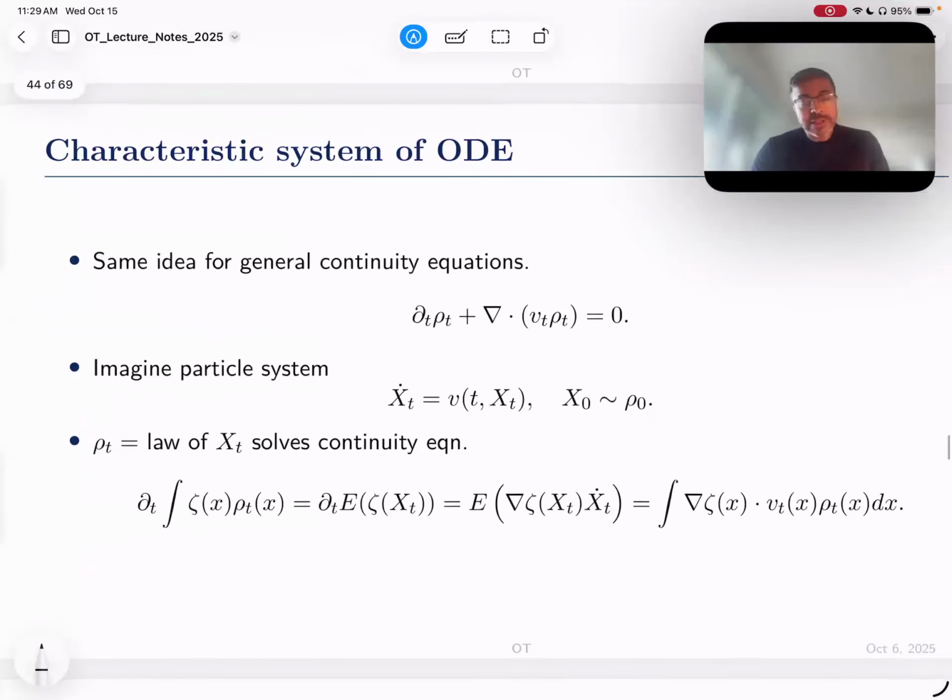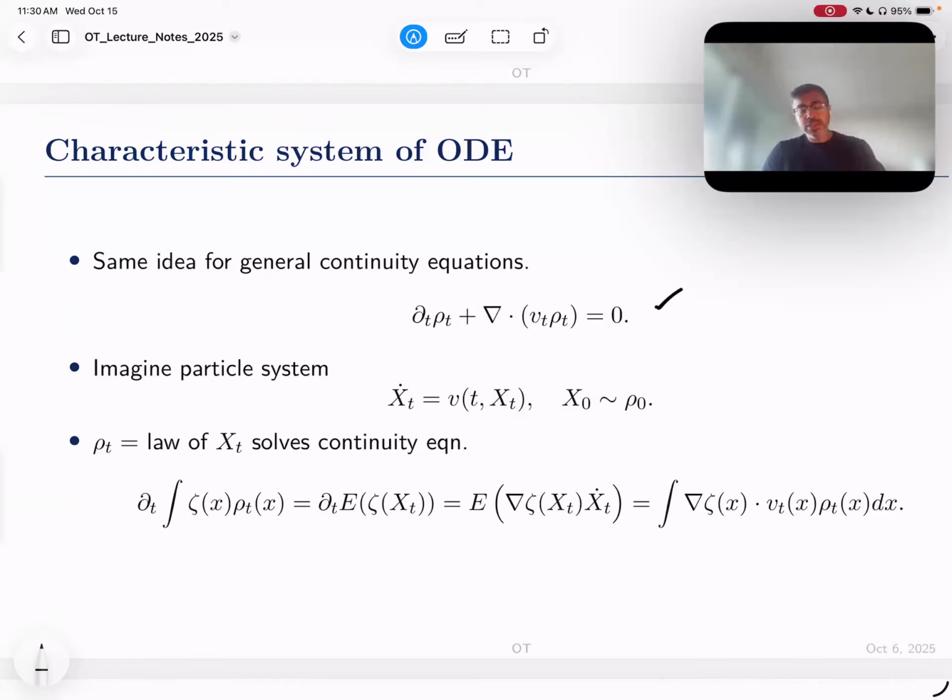So the same idea actually works in complete generality. Supposing that I have the following continuity equation, which is del t rho t plus divergence of vt rho t is equal to 0. This is my continuity equation in general. There is a general method in PDEs, called characteristic systems of ODEs, where you can solve PDEs by writing down ODEs. And this is an example of this.